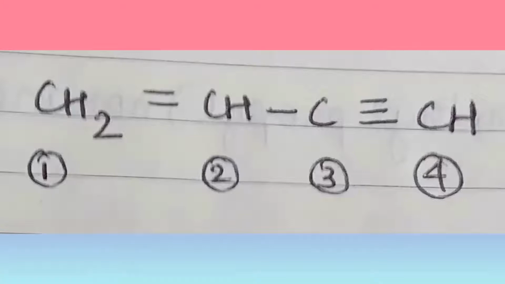Whenever these two bonds are at the extreme ends, attached to the last and first carbons, the double bond is given more priority than the triple bond. So if I go from left to right, the double bond carbon gets the number 1 and the triple bond carbon gets the number 3.